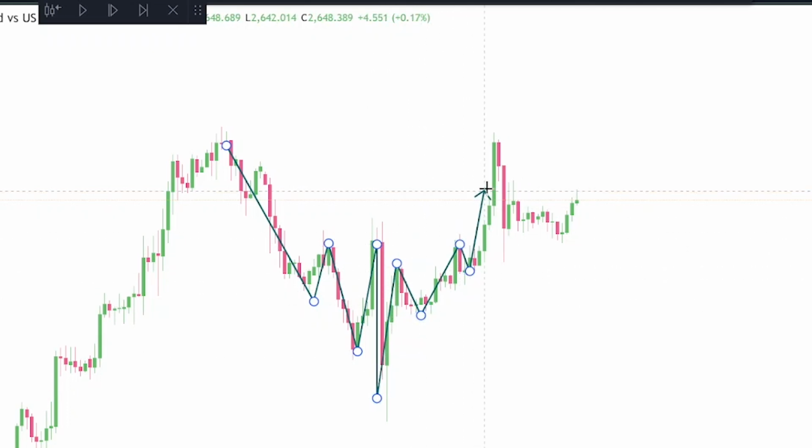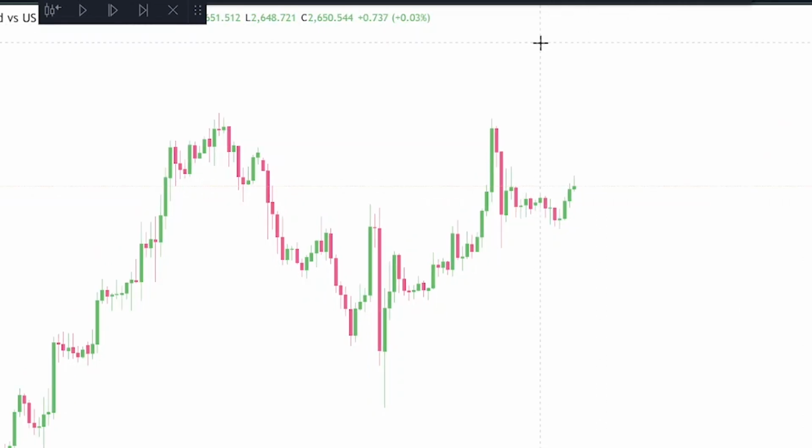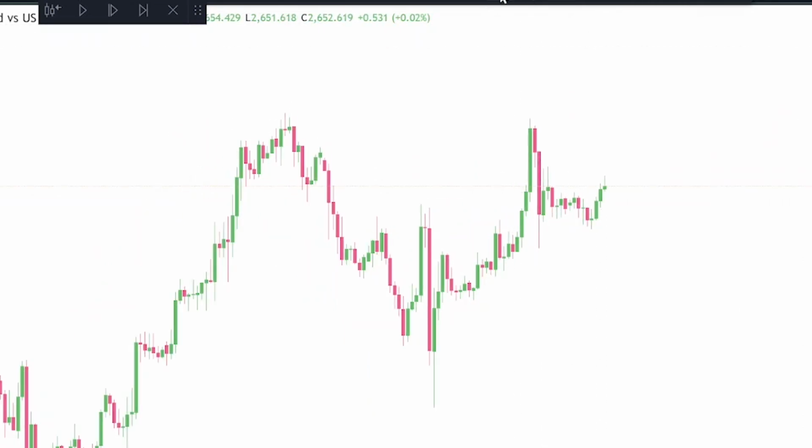This was an inverse head and shoulders, with an equal low. Then we formed our inverse head and shoulders. That's why we are going to be looking for a buying opportunity from this area.